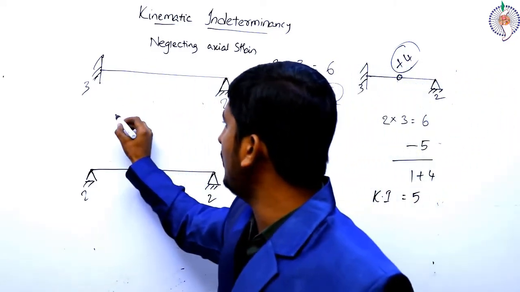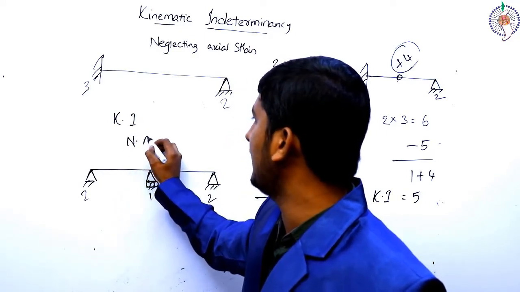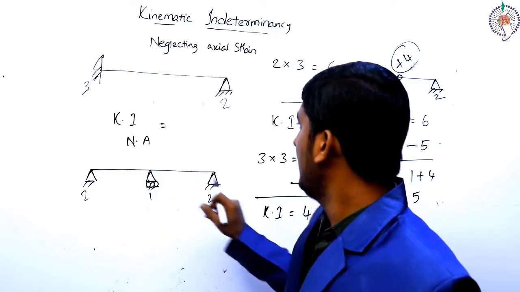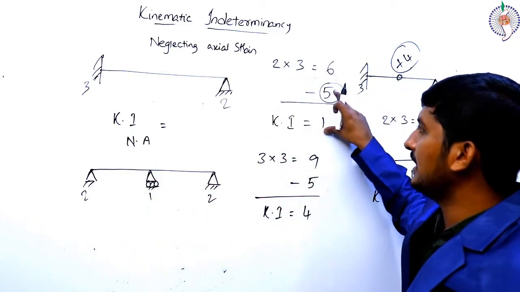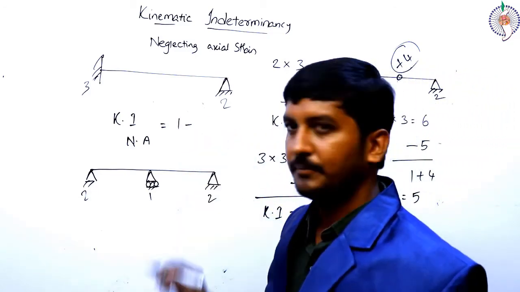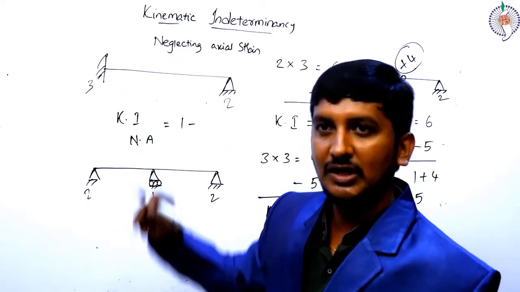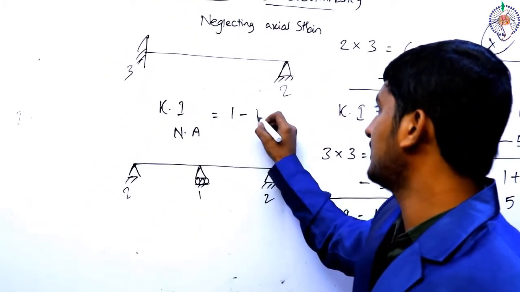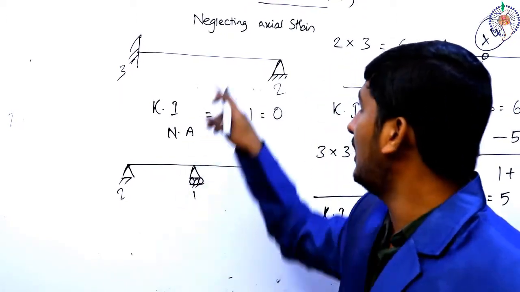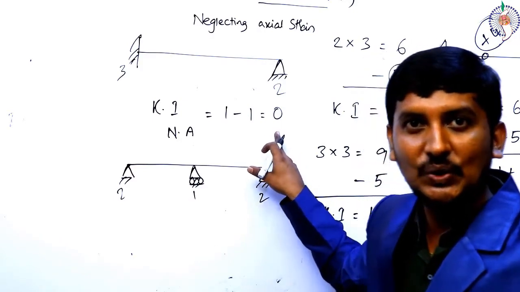In this case, what is the kinematic indeterminacy after neglecting axial strain? Basically, I have calculated kinematic indeterminacy in this way. Right. It is 1. How many members are there? A member is nothing but joint to joint. There is 1 member. So, kinematic indeterminacy after neglecting axial strain becomes 0.